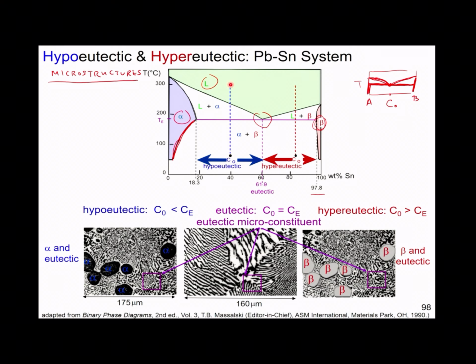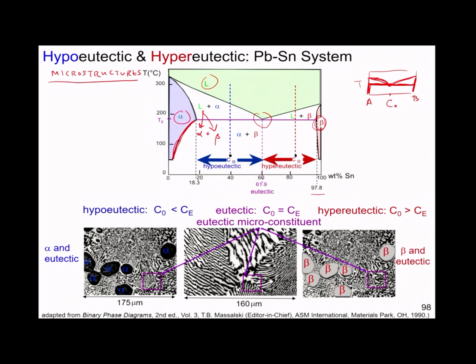So if you're at this particular composition, you come down, you form some of these primary or proeutectic alpha blobs, and then the remaining liquid will just go into eutectic alpha and eutectic beta. So if you had to draw your tree, let's switch back to pen. Anything where you go from liquid and then liquid to alpha, and any remaining liquid will go into eutectic alpha and eutectic beta. Okay.